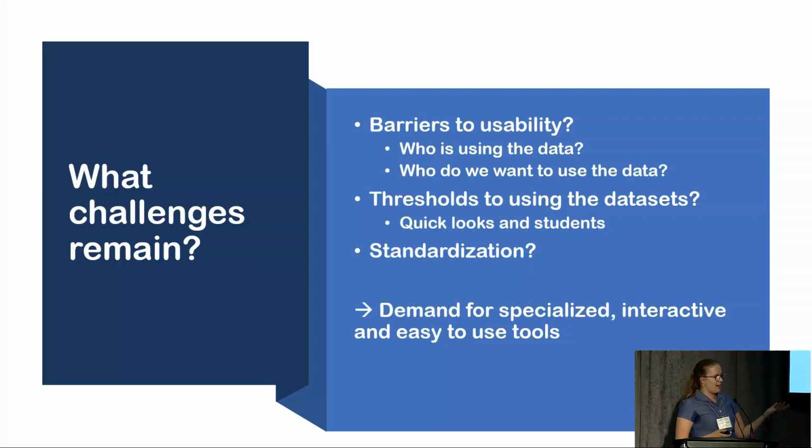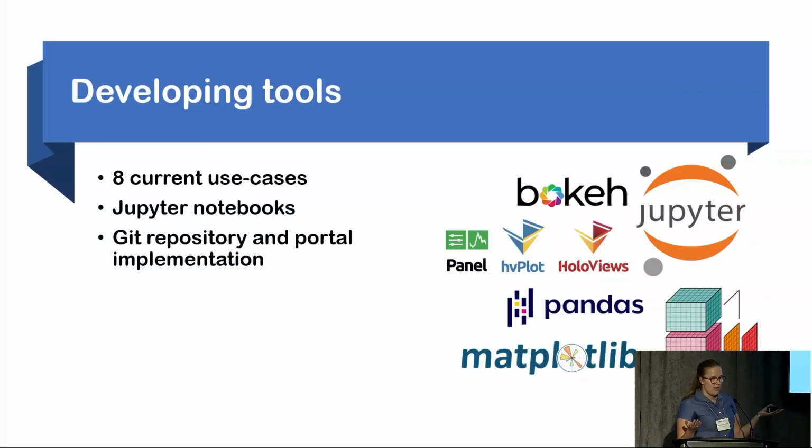So all of this creates a demand for an interactive and specialized and easy to use toolkit, which will also then contribute to standardization of analysis. So that's what we've done. We've outlined 8 current use cases that are different types of plots that you will commonly see.